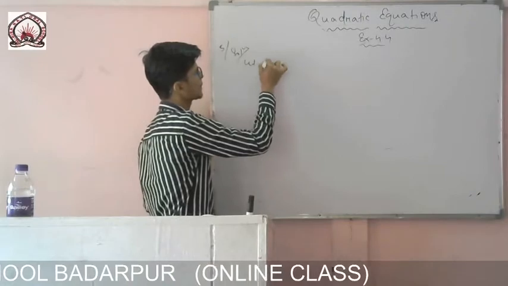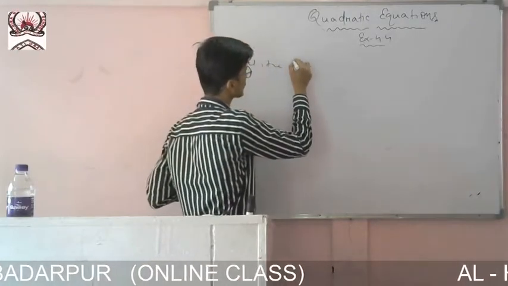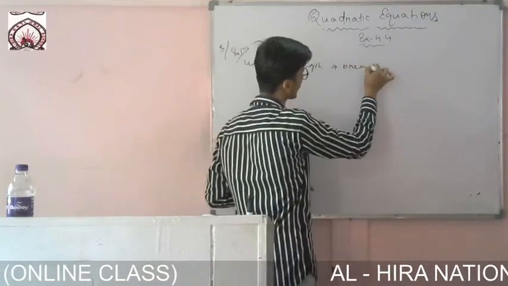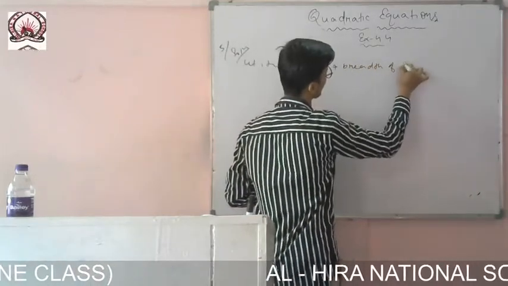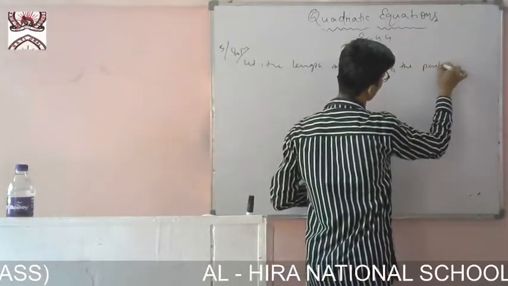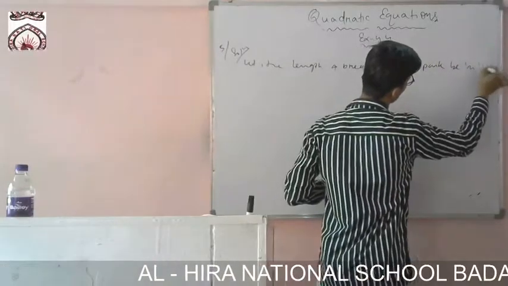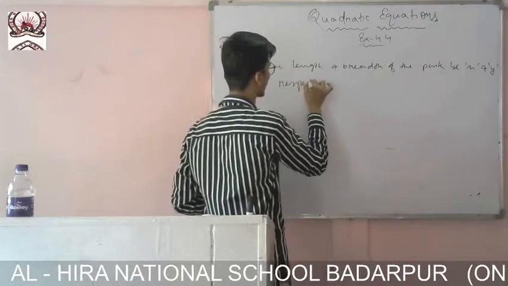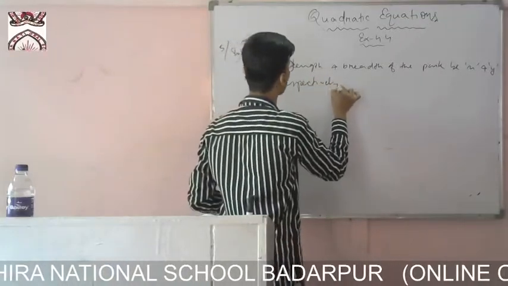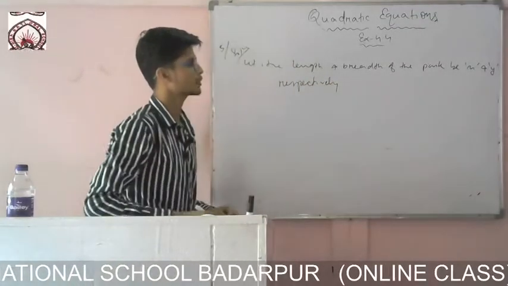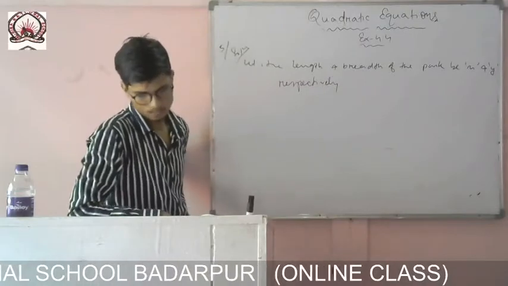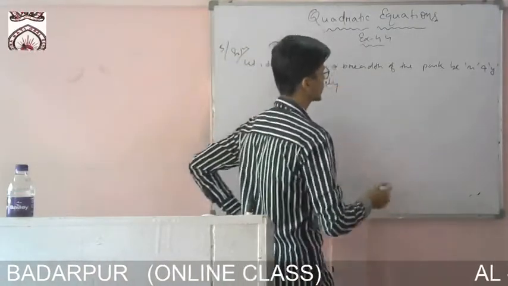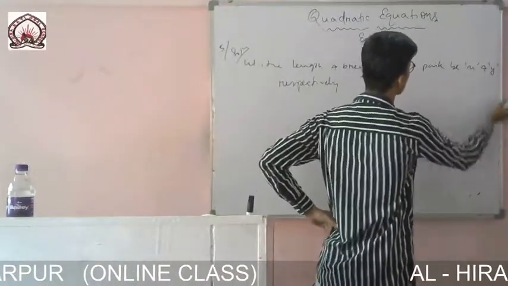Let the length and breadth of the park be x meter and y meter respectively.